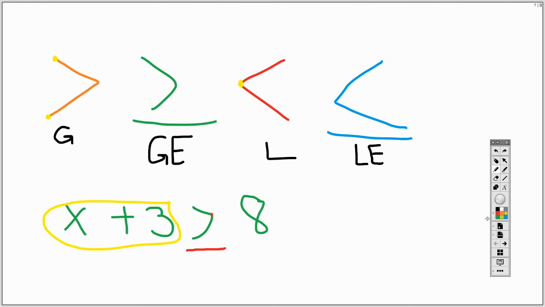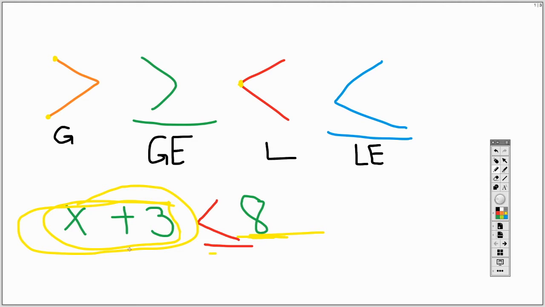Then we have less than. So if I quickly erase this. Okay. If I put less than like this, then this would mean that x plus 3 is smaller than, or less than, 8.